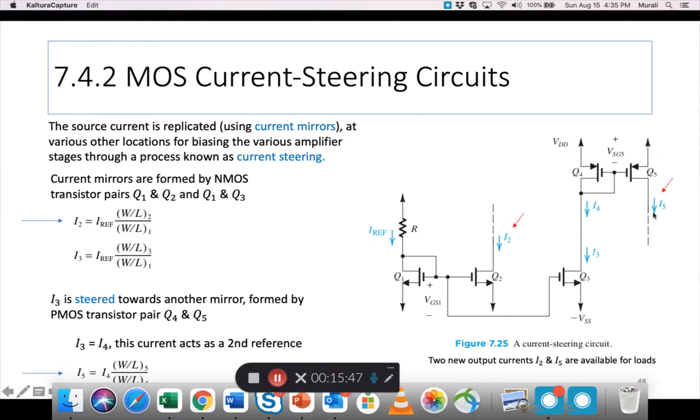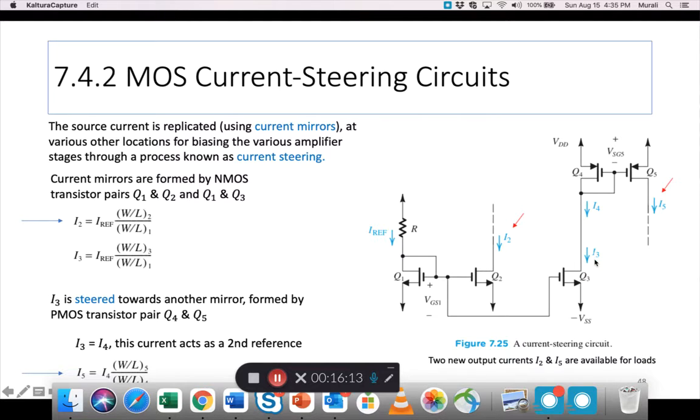Now watch that these two are PMOS transistors while these three are NMOS. So basically both are possible, both types of devices, because we know that one of the biggest advantages of MOS technology is CMOS, which means both NMOS and PMOS can be in the same circuit, in the same IC, on the same board.